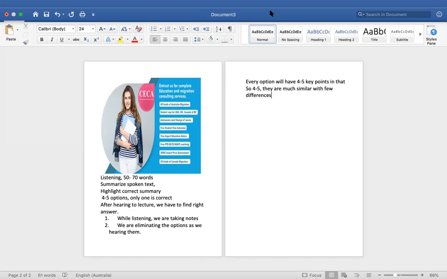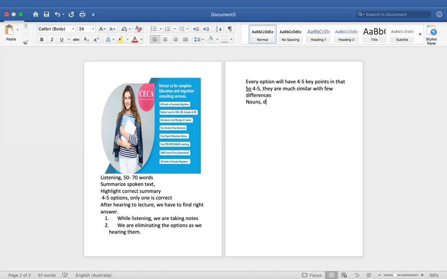After those 10 seconds, the audio will start playing. When the audio is playing, you're taking notes, right? When you are done with the audio, quickly go through your notes, come down to your options and see which option is most closely related to the notes you have taken. That's how you mark the answer here. There will be 1 to 2 questions like that.